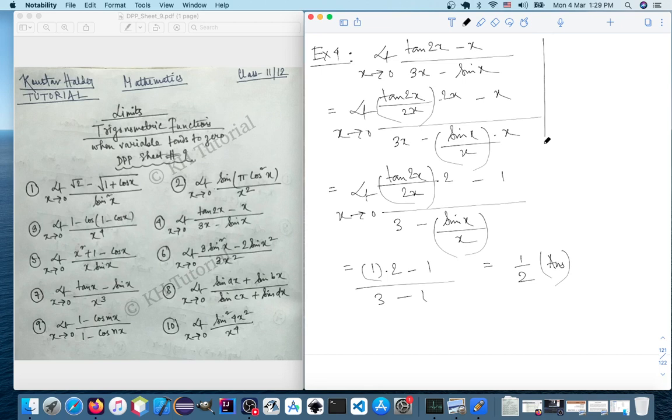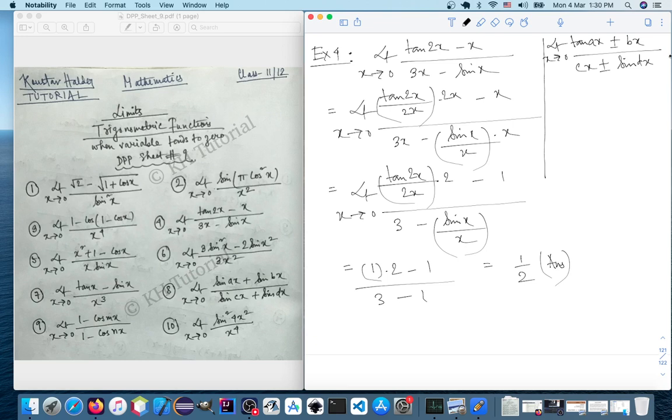Remember that whenever you have something like x tending to 0, let's say tan ax plus or minus something, and over here we have cx plus or minus sin dx, we always try to rewrite tan ax as tan ax by ax into ax, and sin dx as sin dx by dx into dx.